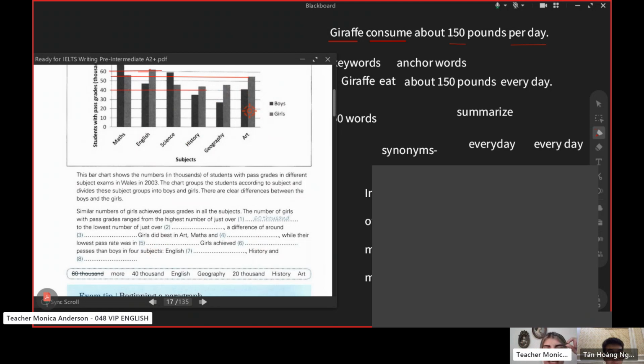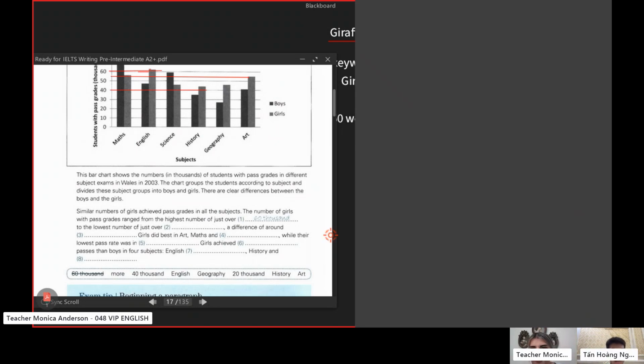We can consider this one to this one, the difference, the highest, so we can consider it as about 20,000. Get it? Yes. Very good. So 20,000 did best in art and math.